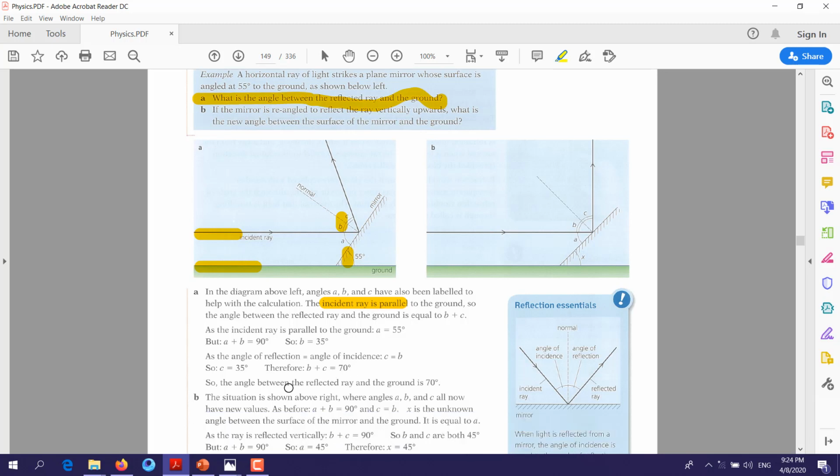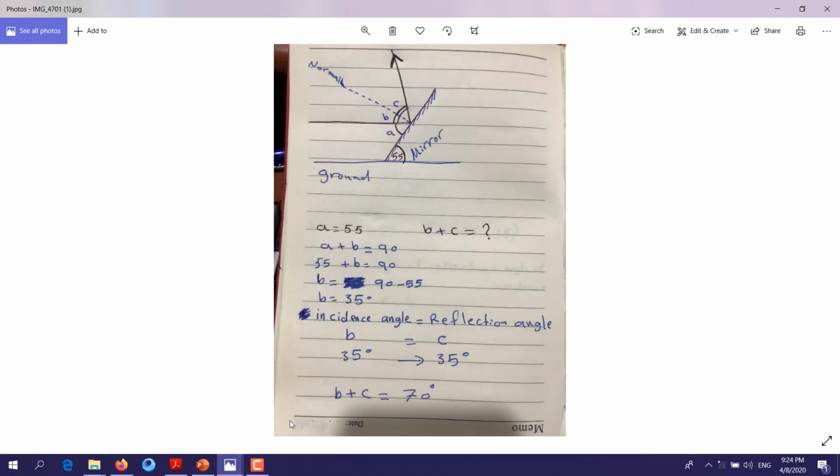So I solved it for you here. Here is the answer for this question. They gave us angles A, B, and C. They want us to find B and C together.